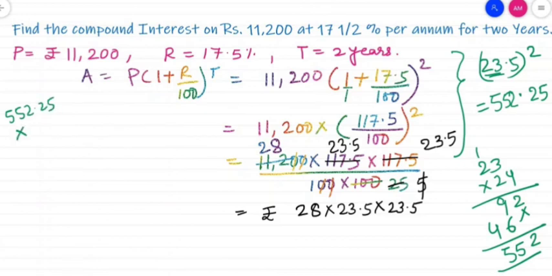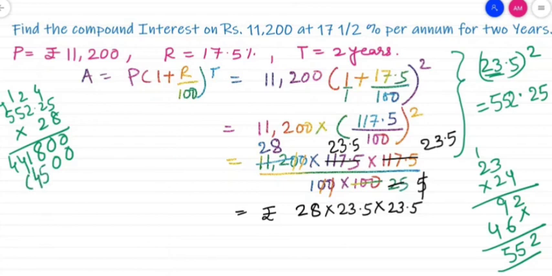Now 552.25 multiplied by 28. Multiplying step by step, you get 15463.